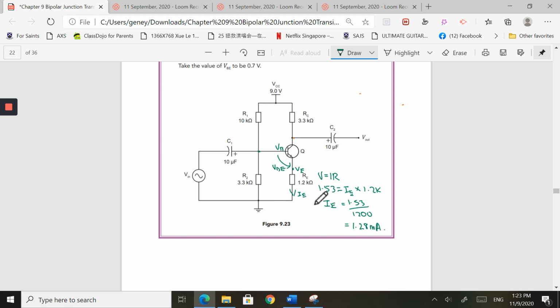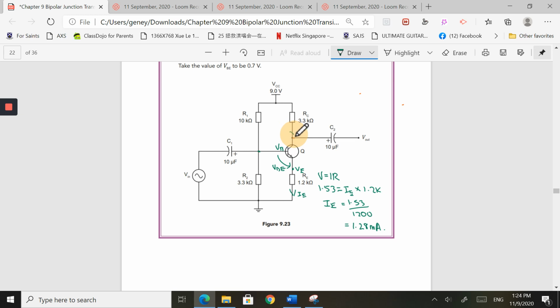Now this next part is where you need to listen carefully. I know I've been telling you the emitter current is made up of the collector current plus the base current. But in this case, when you're analyzing a BJT as an amplifier, you can neglect the base current because it's small. We know it's going to be about 40 to 300 times smaller, so we can neglect this value to make our circuit analysis easier.